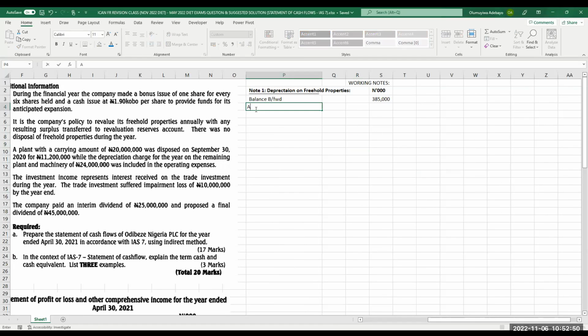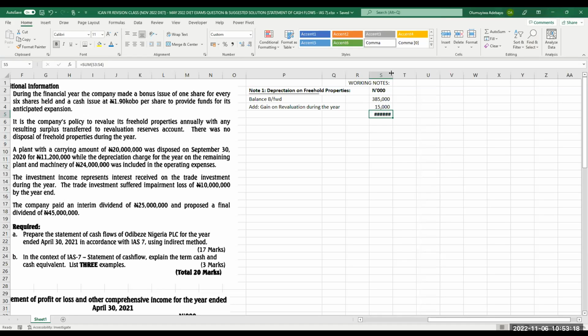You add the gain on revaluation during the year, which was 15,000. All things being equal, there was no additional information about purchases or disposal. Therefore, I sum this up and it gives me 400.